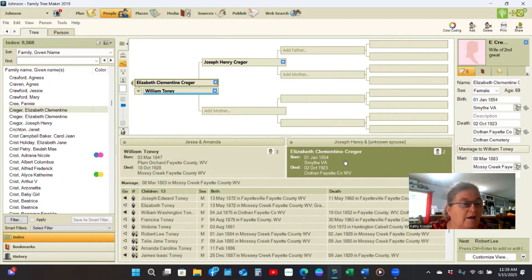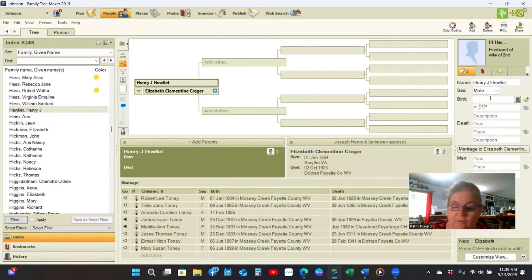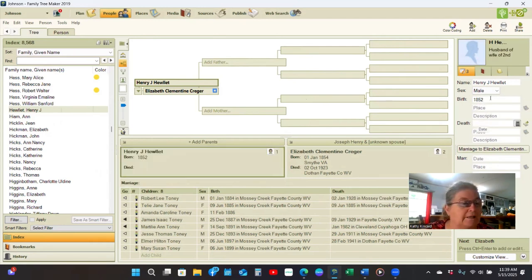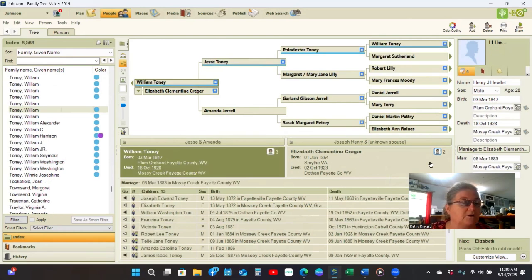Okay, and let's go back to Henry because we also have birth and death dates on him. His birth date was 1852 and his death date was 1880. All right, so now we have information. Don't know where he was born, don't know where he passed away. I'm assuming it's here in Fayette County, but I do not know that. I don't know where he's buried. I don't know anything more about him other than he was married to Clementine Kreger before William Tony was married to her.